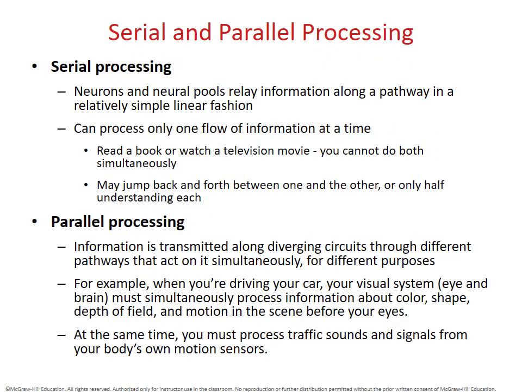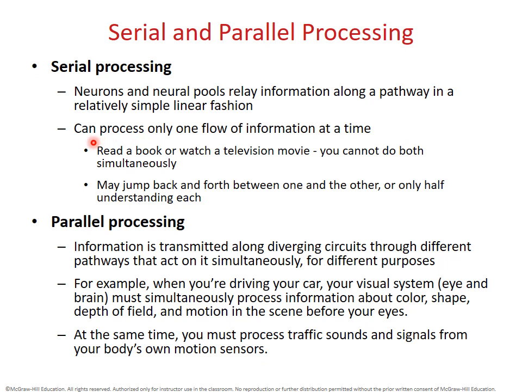Okay, in terms of how we process action potentials through these circuits, we can have serial processing or parallel processing. In serial processing, again, it's fairly linear, and so you have action potentials carried along a pathway in a linear fashion.